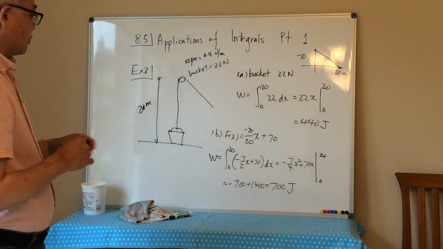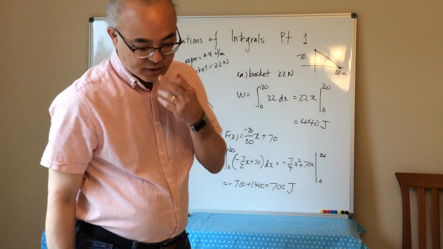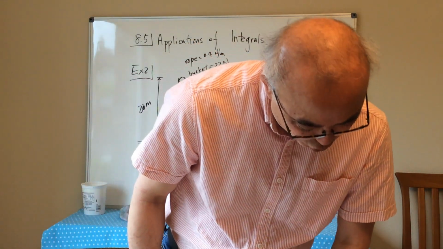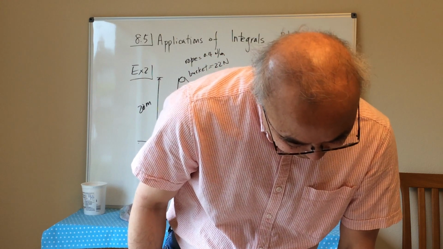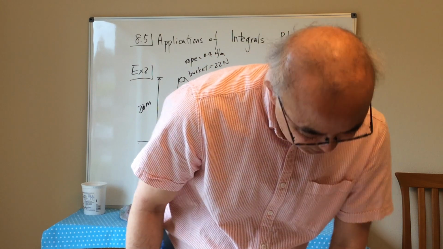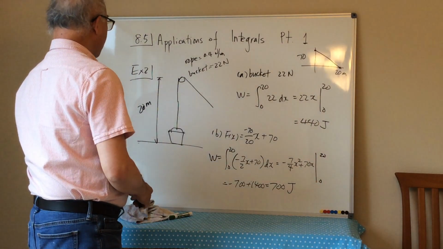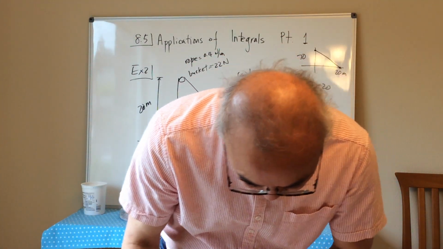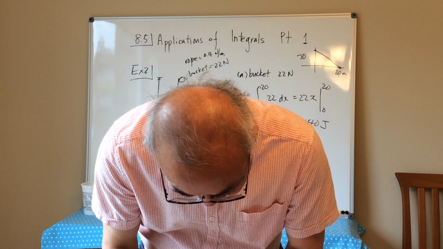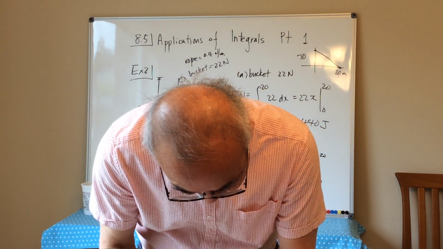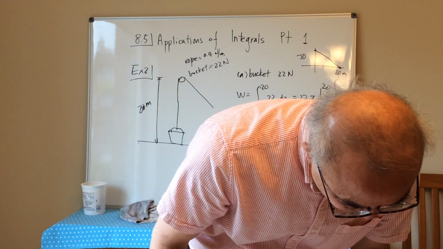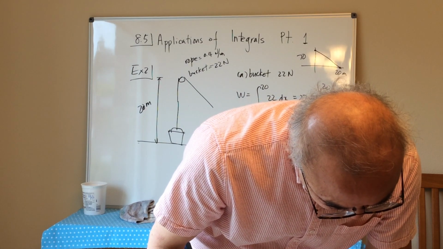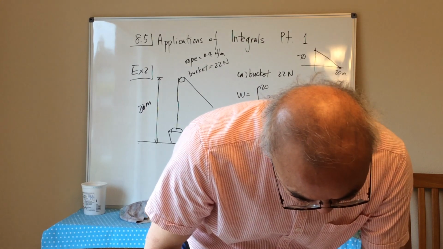So C. For C, they asked for lifting the rope alone. The rope is 0.4 newtons per meter.